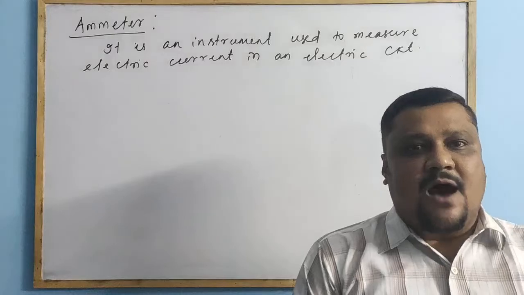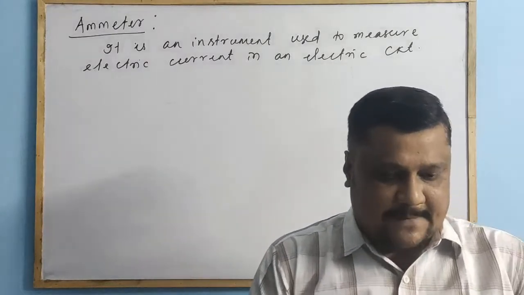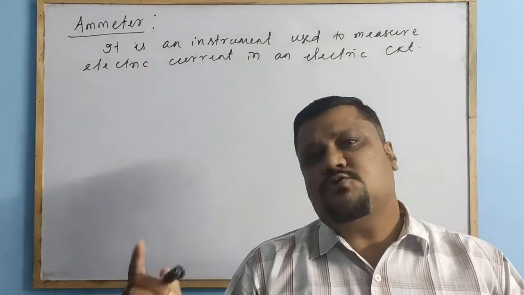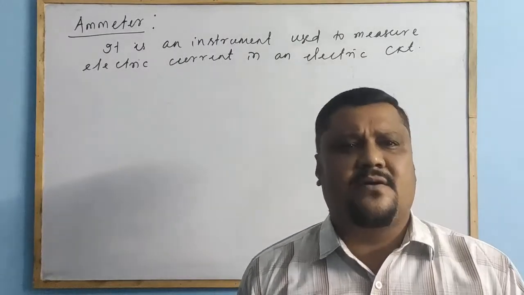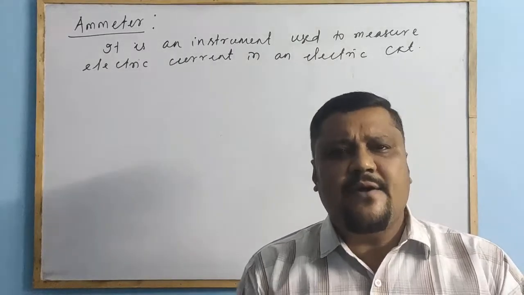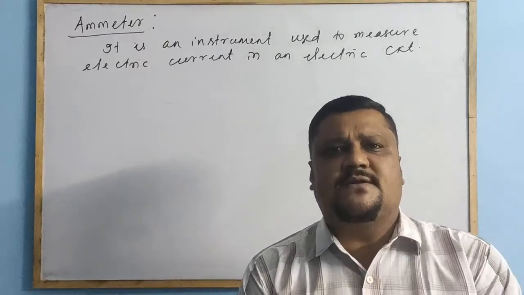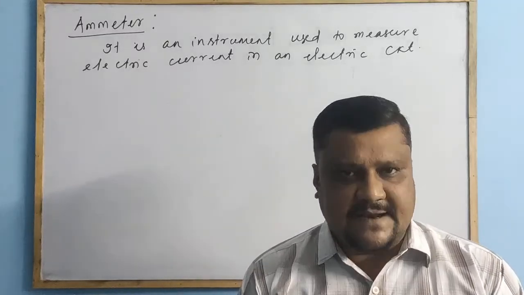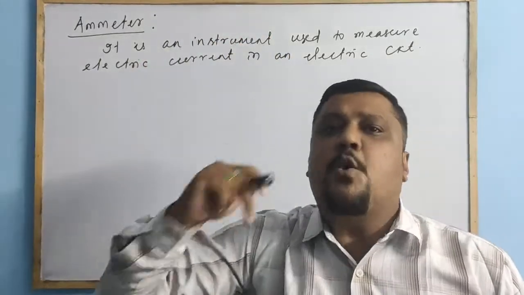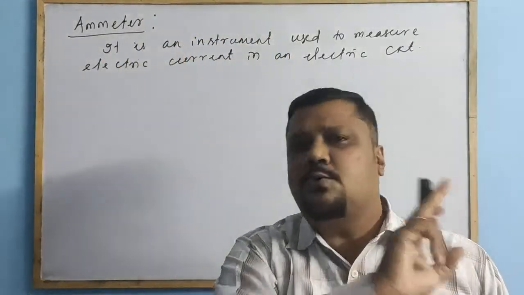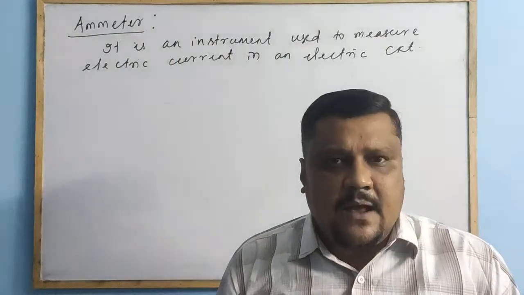But now a question comes to your mind: if a galvanometer is used to measure the current, then why do we take an ammeter to measure the current? The reason is that an ammeter is not different from the galvanometer.